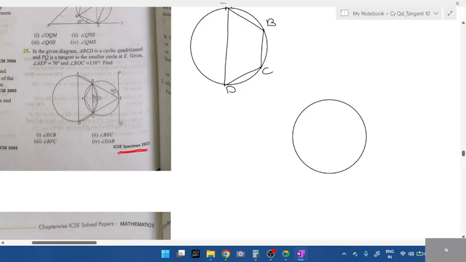Okay, look at the smaller circle. What are the points which are touching? Can you all tell me? B, then E, right?